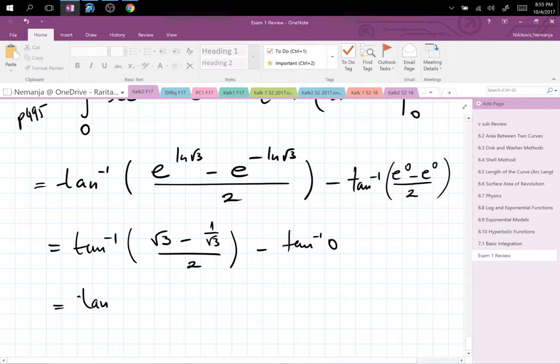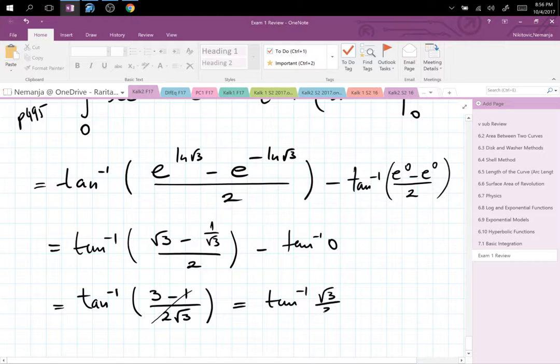So we have tangent inverse of, we multiply by root 3, root 3 times root 3 is just 3, minus root 3 and 1 cancel, and then 2 root 3, and 3 minus 1 is 2. So you have tangent inverse of root 3 over 3, which is pi over 6.